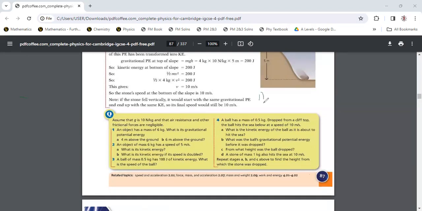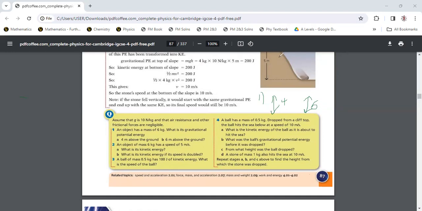Part A, if it's 4 meters above the ground. What will you use? mgh. Correct? So, what will be m? 6 kg.